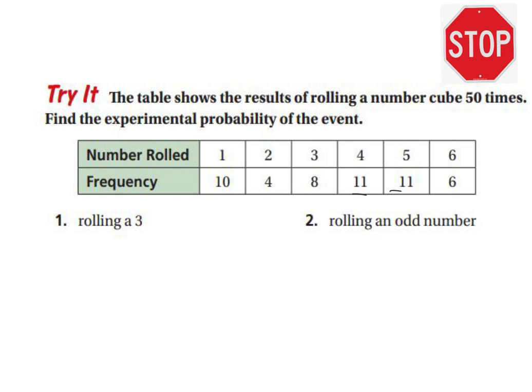So then we look at rolling a 3. A 3 was rolled 8 times. So we would go 8 out of 50. We'd say that's 0.16, 16%, or you could say it's unlikely.